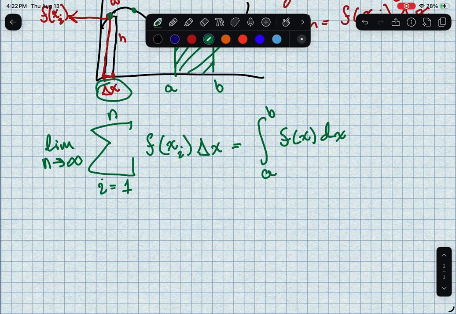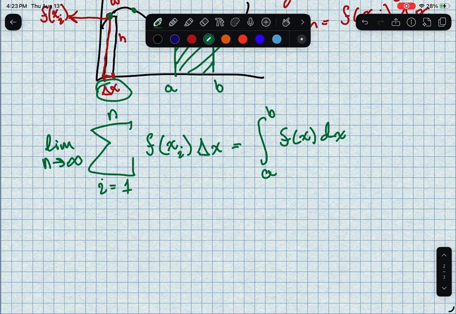To make this work, we look at what happens to the width of our rectangles as the total number of rectangles n approaches infinity. Remember, delta x is constant among each rectangle. So when you add more and more rectangles, to keep delta x uniform along each rectangle, you have to make it smaller and smaller and smaller.